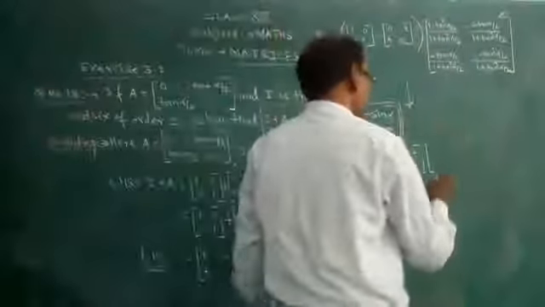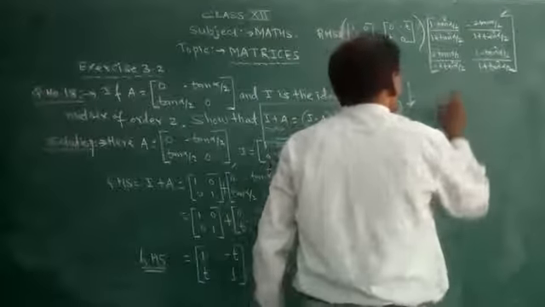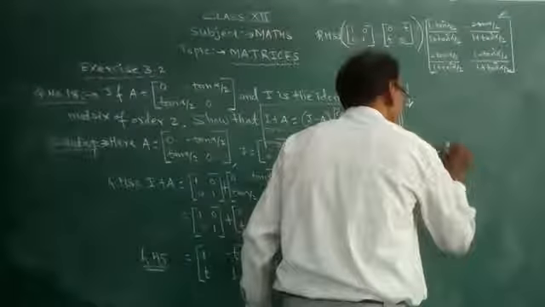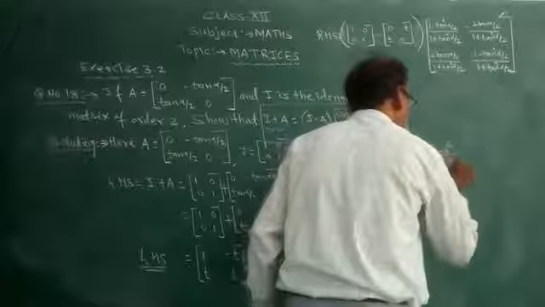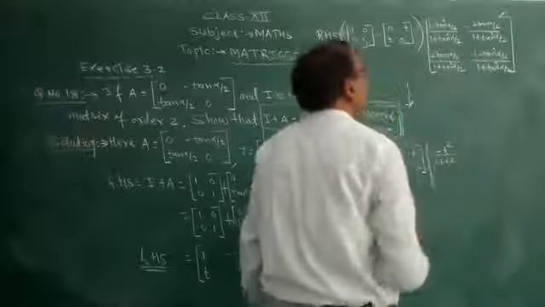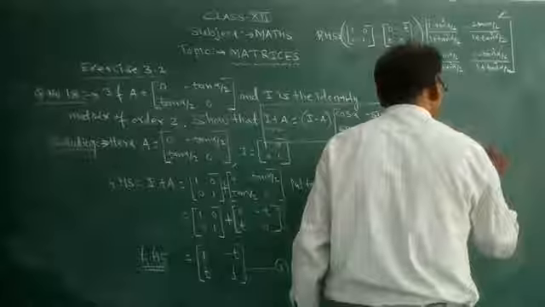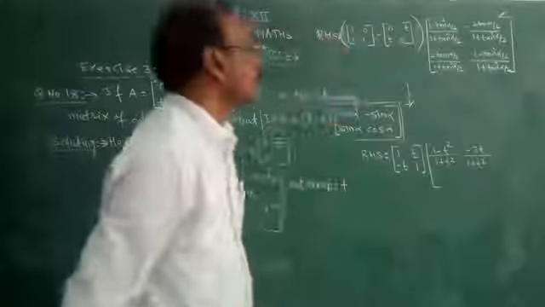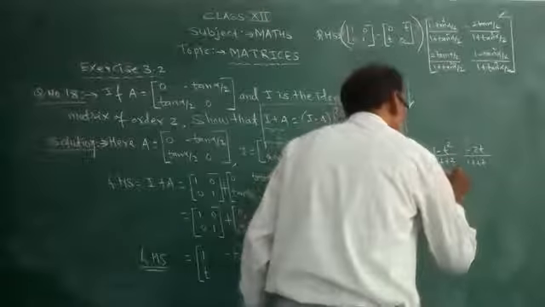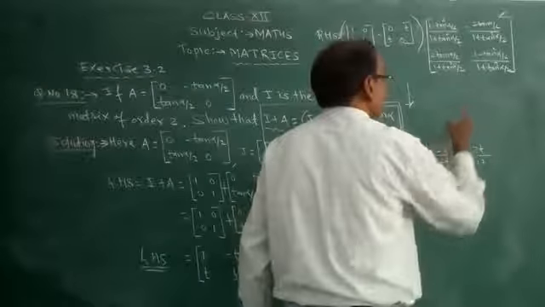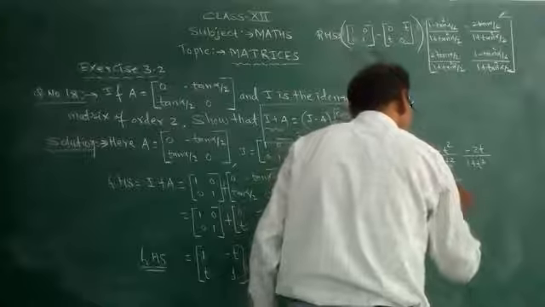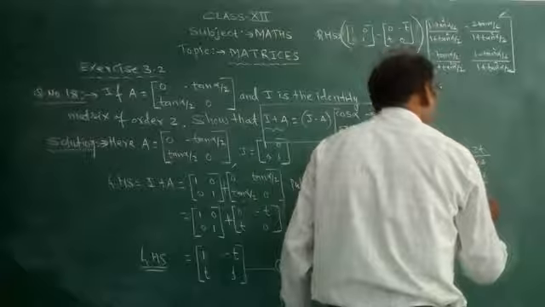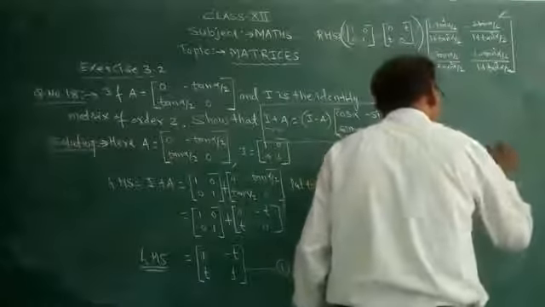Taking tan alpha by 2 as t, this is 1 minus t square upon 1 plus t square, then minus 2t upon 1 plus t square, then 2t upon 1 plus t square, then 1 minus t square upon 1 plus t square.